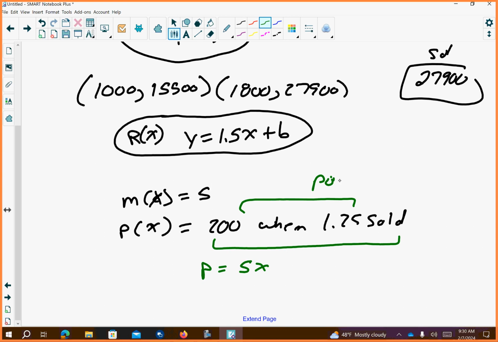How would I plug a point in when I basically have all this left? What do you think? Well, you have to go to this equation here. If you remember this from Algebra 1, this is called point slope.